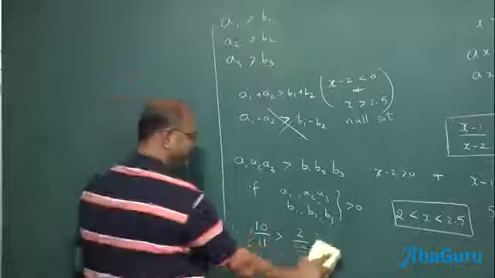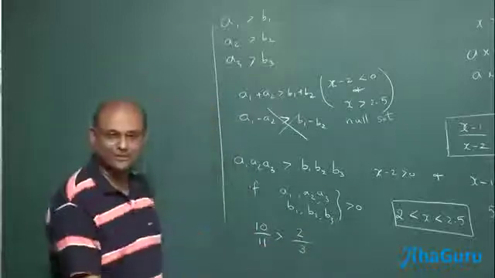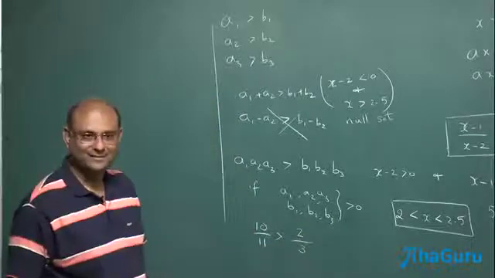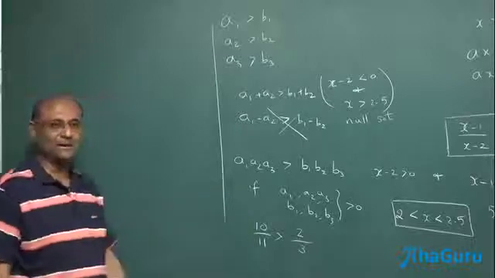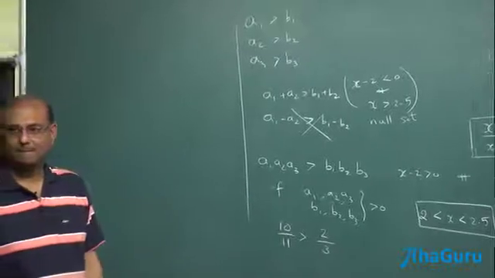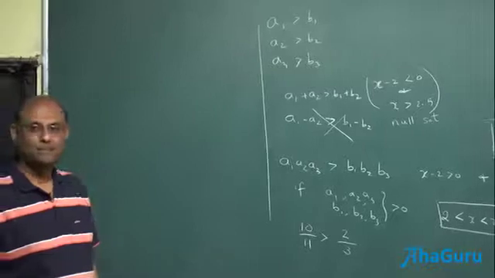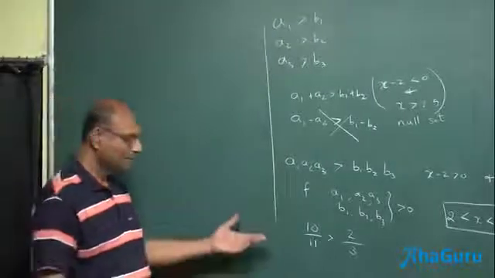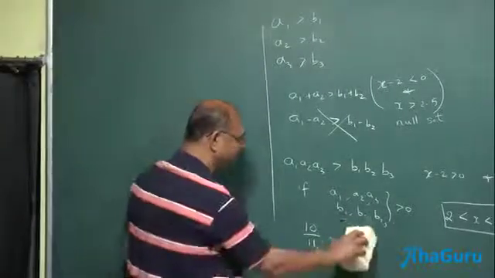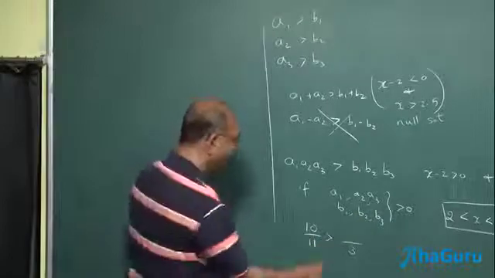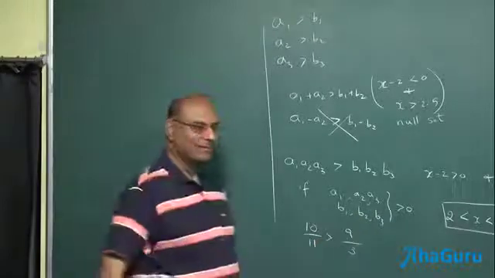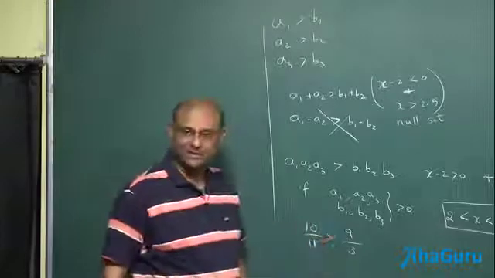This is correct. So does this mean then that I can do this always? Give me a counter example where this can't be done. All I have to do is take this fellow and make this 9. 10 greater than 9, 11 greater than 3.